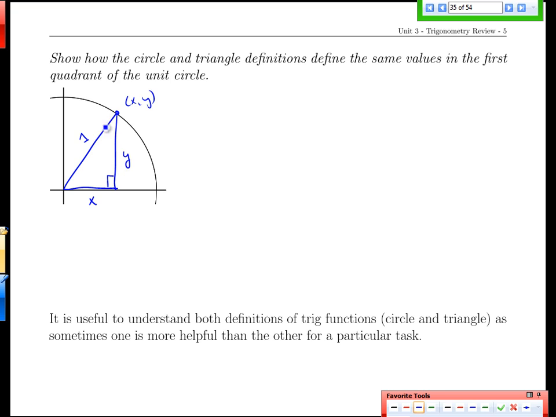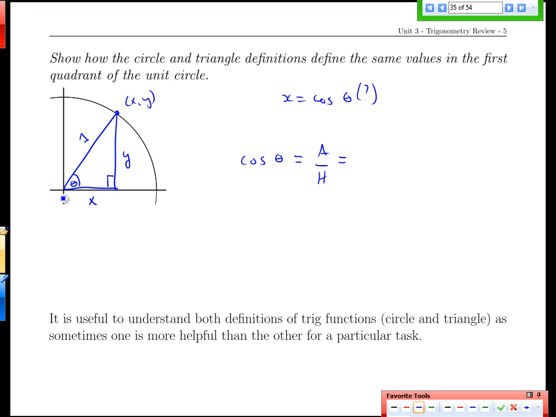In this particular configuration, we would have any ratio we'd like to find. We said that x was equal to cos theta, and we want to maybe validate that. Well, let's go from the other way. Let's talk about cos theta being the angle here. Cos theta is the adjacent over hypotenuse.